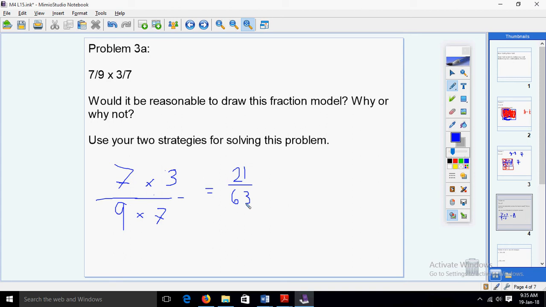If you can find the number that goes into both of them, then we can figure out what our answer is. Off the bat, you know that 7 can go into both of them because we just multiplied by 7 on both sides. So we can go ahead and reduce by 7, and then we'll get 3/9.